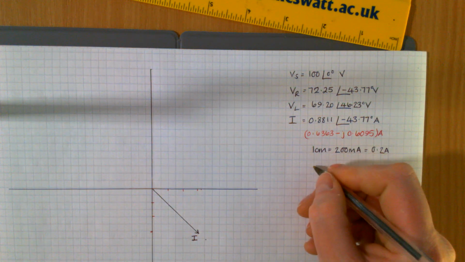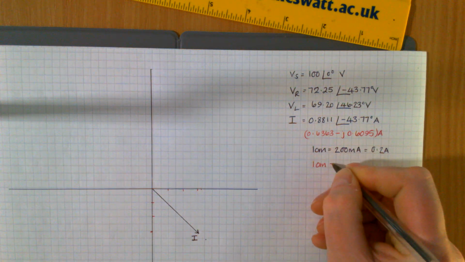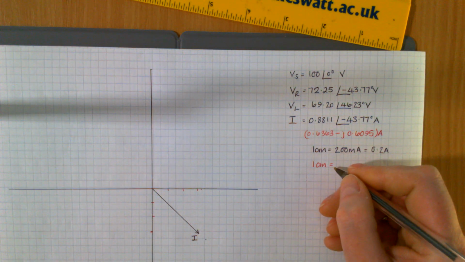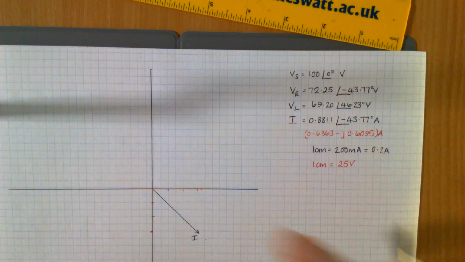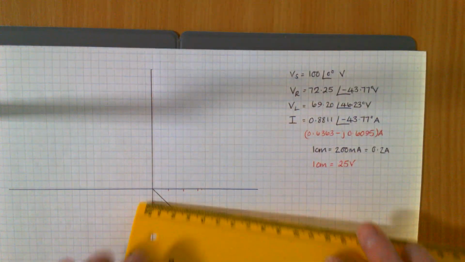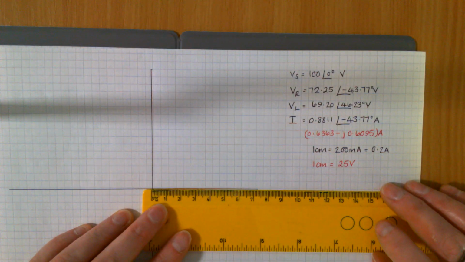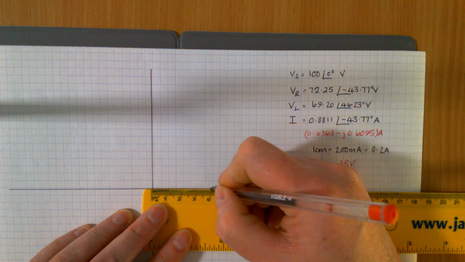So pick a scale for your voltages. 1 centimetre equals 25 volts, say. So my VS, 100 at an angle of 0, will be 4 centimetres.